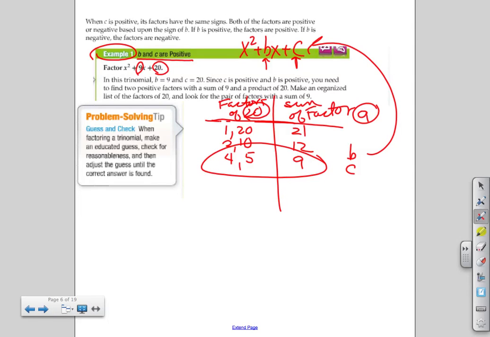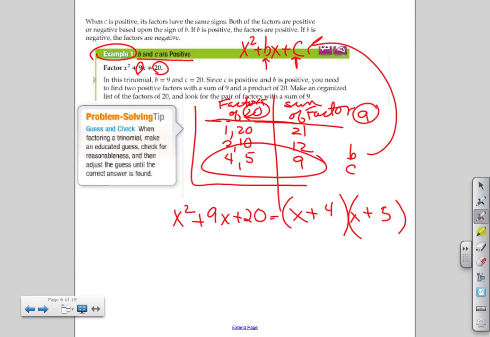So we know that x squared plus 9x plus 20 is equal to, we're trying to find the factors, so it's going to be x plus 4 and x plus 5. Everybody see where we found those from? And that's what you're trying to do.